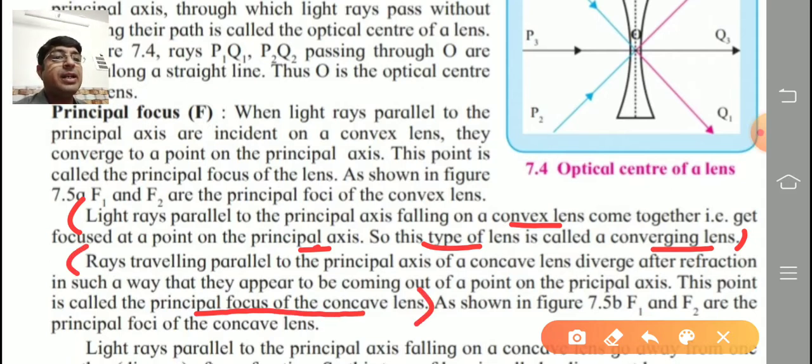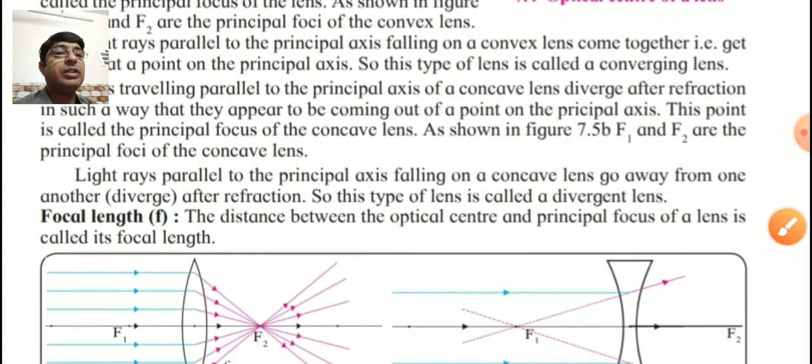Rays traveling parallel to the principal axis of a concave lens diverge after refraction in such a way that they appear to be coming out of a point on the principal axis. This point is called the principal focus of a concave lens, shown in figure 7.5b. F1 and F2 are the principal foci of a concave lens.